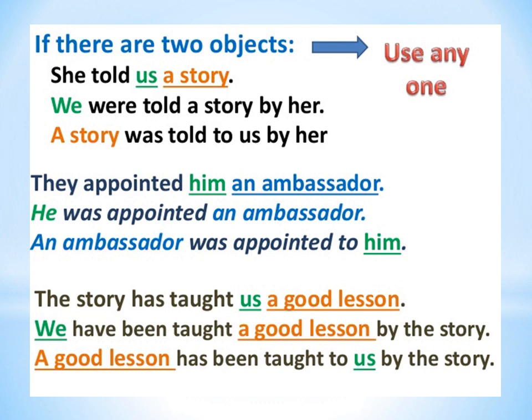So I can use him at the beginning of the sentence, or an ambassador at the beginning of the sentence, just like: He was appointed an ambassador, or an ambassador was appointed to him. Okay, and this would be the end of our lecture today.